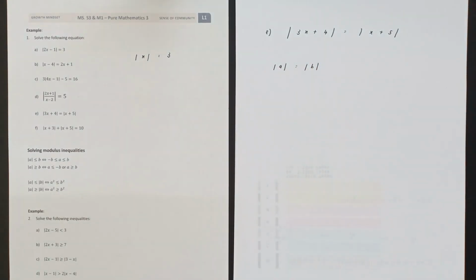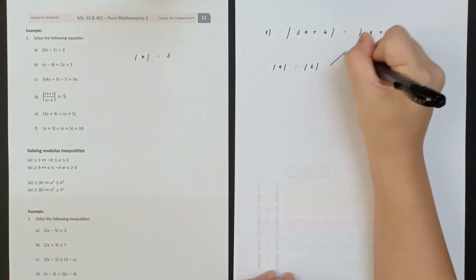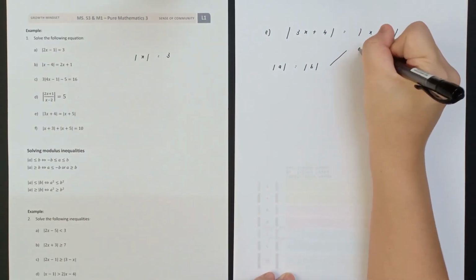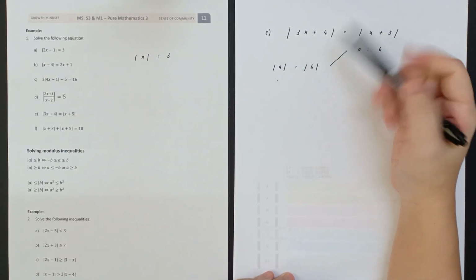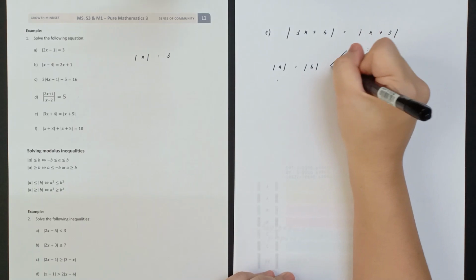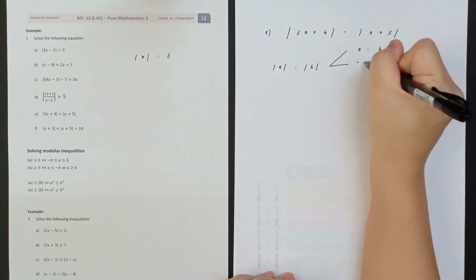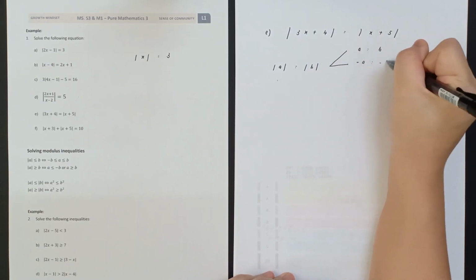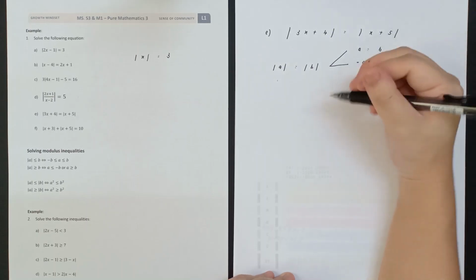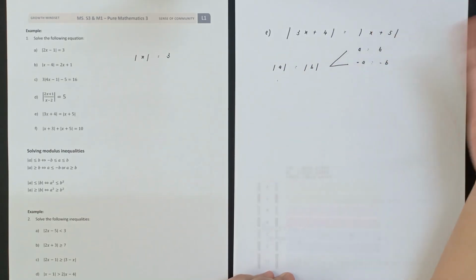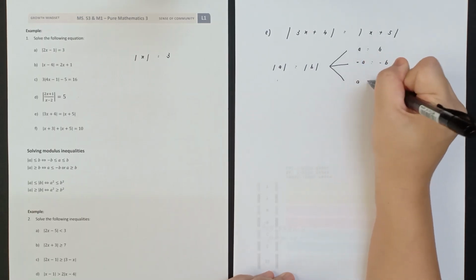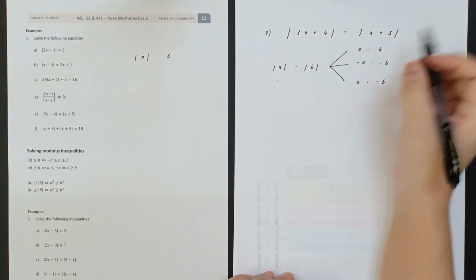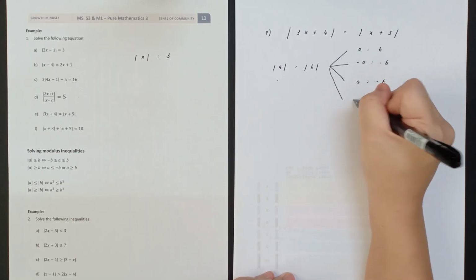You will have four different kinds of scenarios here. The first one can be A equals B, correct? Meaning that both inside the modulus are actually positive numbers. Or I can have both inside the modulus be negative numbers. So after I do the modulus, the negative is gone. Then the other cases are maybe only B is negative, and only A is negative.